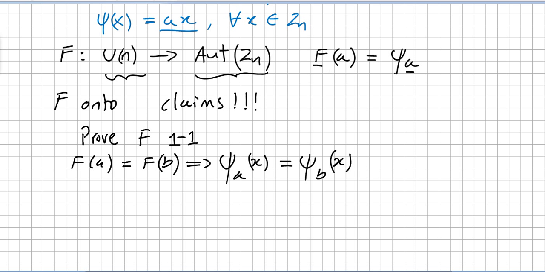F is psi. So f of a equals f of b. So for the same object, I'm not wrong this time, psi a of x equals psi b of x. Of course this is for all x, okay?